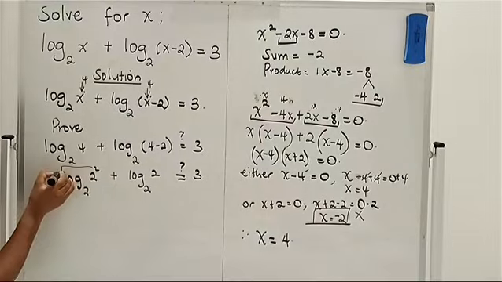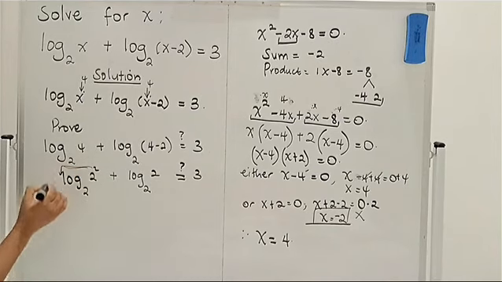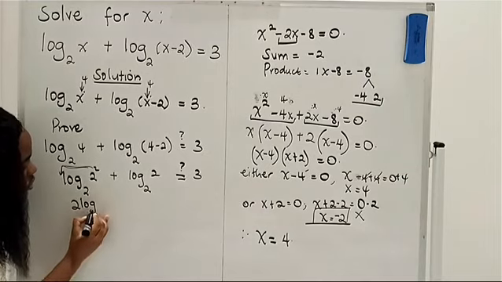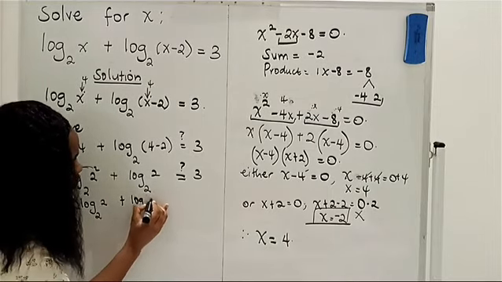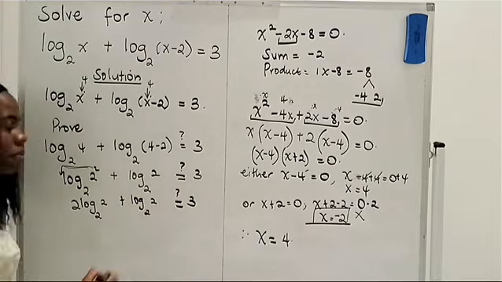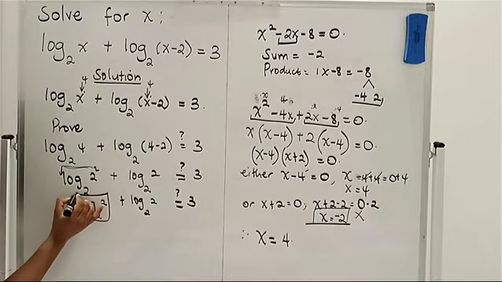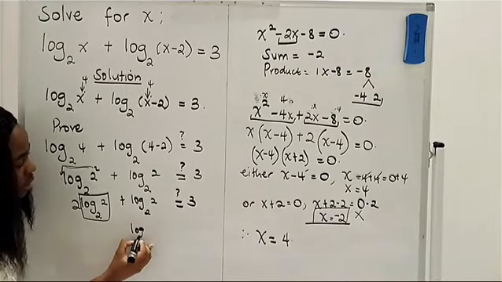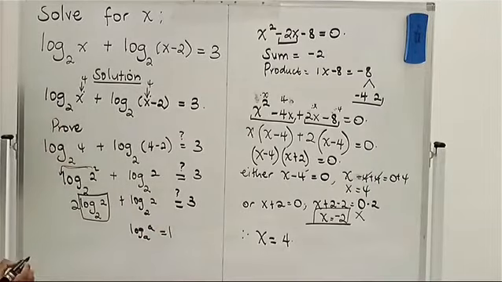If I have a power on a log, we drop it to become the scalar multiplier of the log. So I have 2 log 2 of 2, then plus log 2 of 2. And we are asking, is this equal to 3? Whenever we have a log that has the base the same as the value, for instance, log a of a, this is a rule, this is always equal to 1.